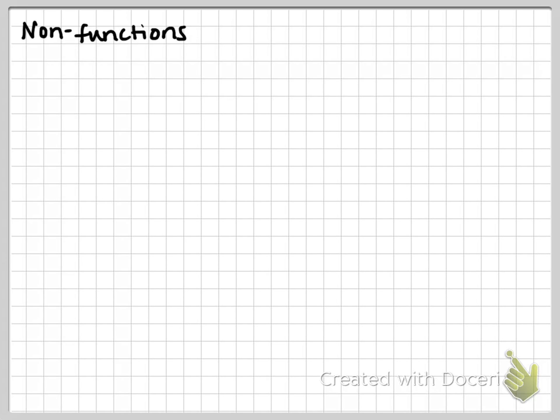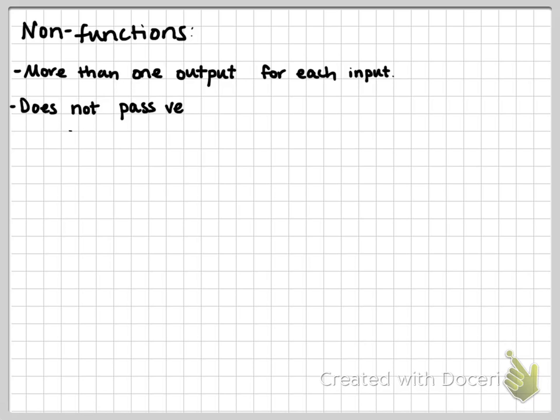The last thing I want to mention really quick before we move on is what a non-function is. So it's got to have more than one output for each input, which means at the point, for example, x equals 2, I might have 2 y values that it goes to. Okay? So it's the opposite of a function, basically. It does not pass the vertical line test.